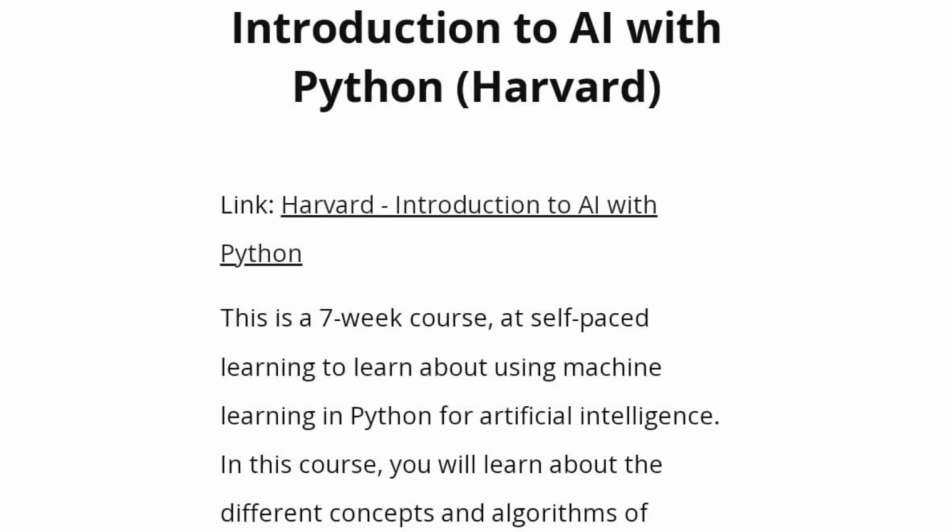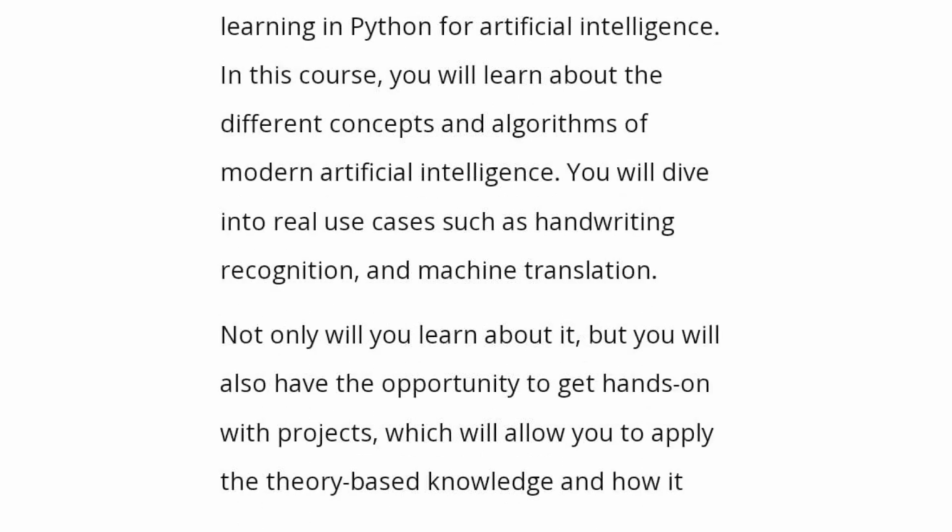This is a 7-week course with self-paced learning to learn about using machine learning in Python for artificial intelligence. In this course, you will learn about the different concepts and algorithms of modern artificial intelligence. You will dive into real use cases such as handwriting recognition and machine translation.